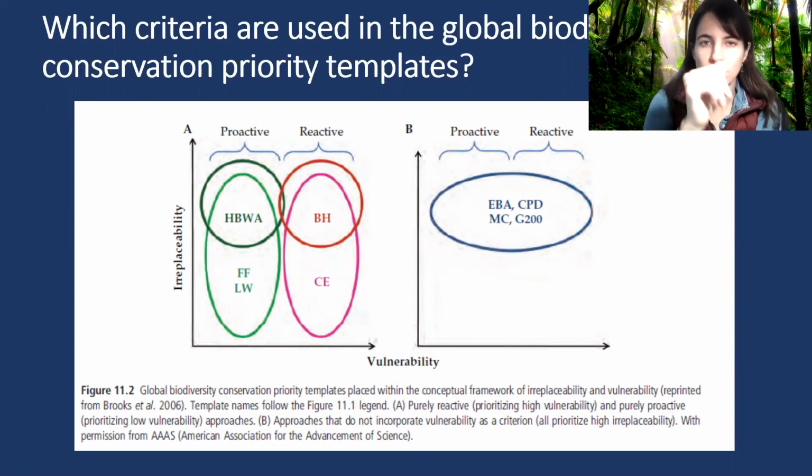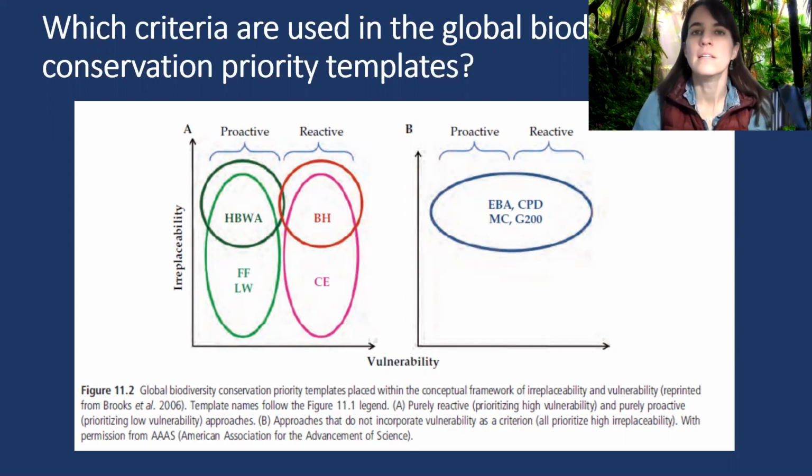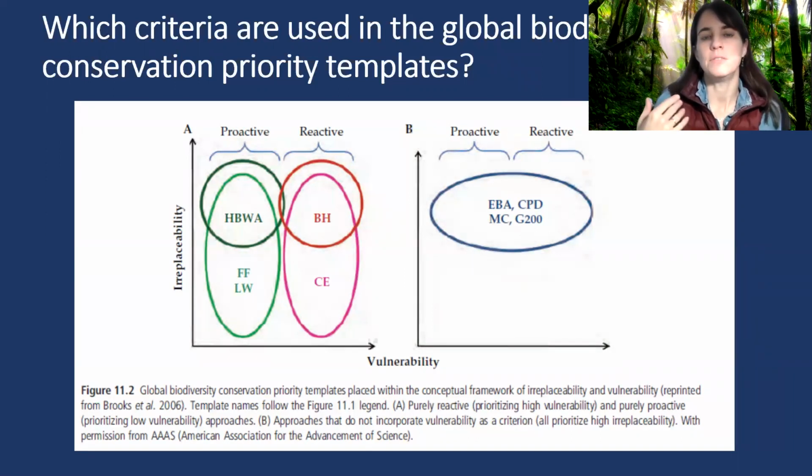So like biodiversity hotspots, BH in red, that's a template that prioritizes vulnerability, and that's a reactive one. It's saying these places are already endangered. Many of the species in them are endangered. So we need to do something about that now. We have to fix what we already messed up, and we have to deal with these very vulnerable places.